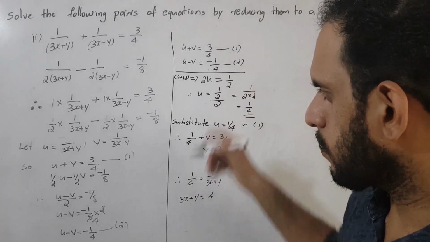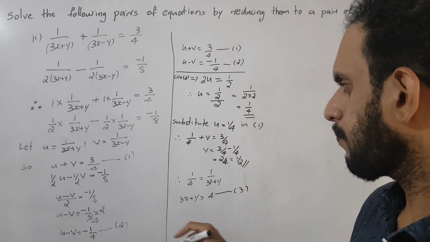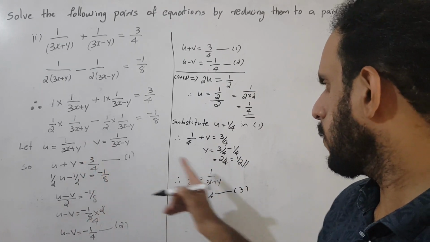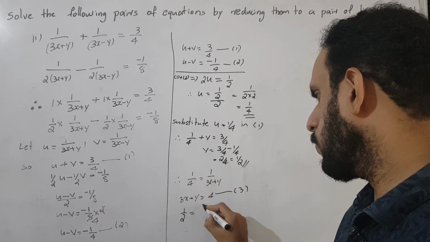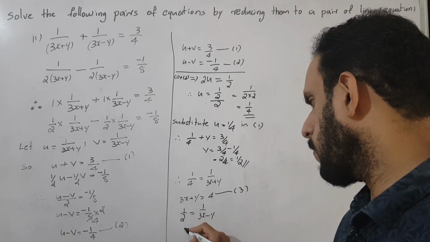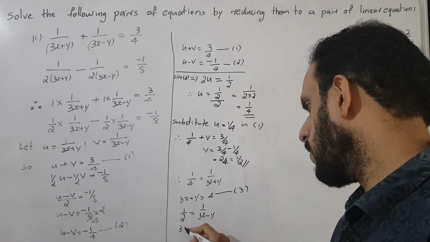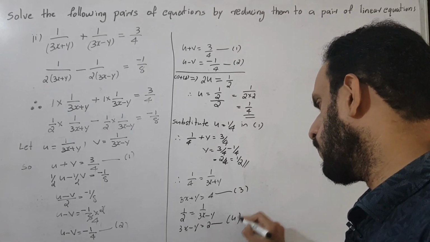Correct? That is equation 3. The next, v, what is v? 1 by 2 is equal to 1 by 3x minus y. Cross multiplication, what do you get? 3x minus y is equal to 2, equation 4.